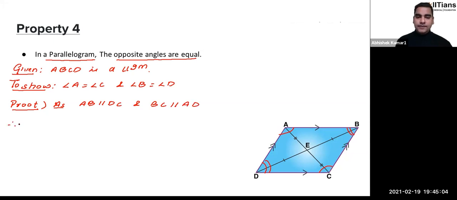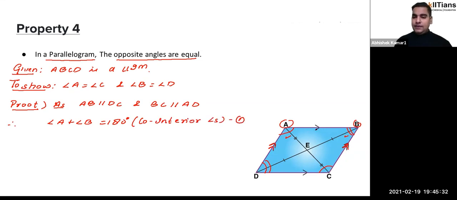Therefore, can we say that the sum of angle A plus angle B is equal to 180 degrees? Because the line AD is parallel to CB, and the line AB is acting as a transversal. Therefore, the sum of this angle and this angle will be 180 degrees, because these are co-interior angles, right?